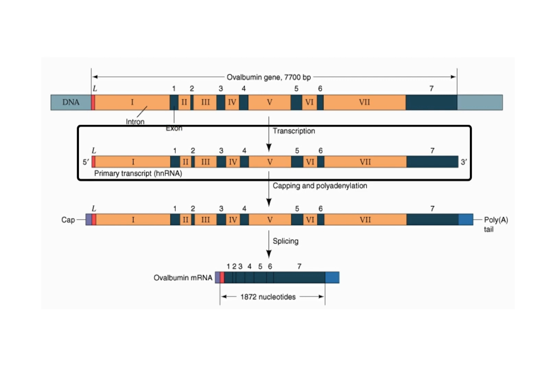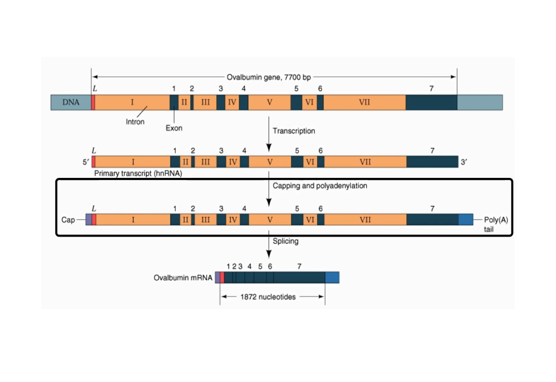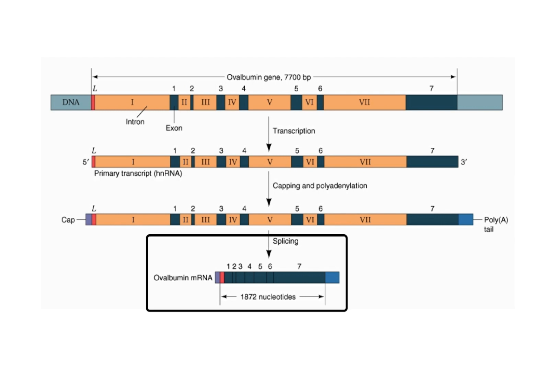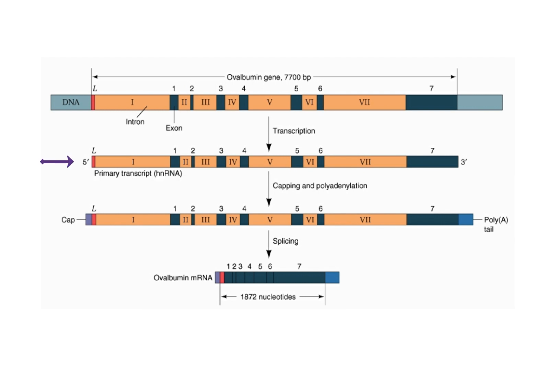It gets transcribed into this transcript, and then there's a poly-A tail added to it, and finally splicing. So you start with this primary transcript, which is fairly long, 7,700 nucleotides long, and wind up with a coding sequence in there that is only 1,872 nucleotides in length.